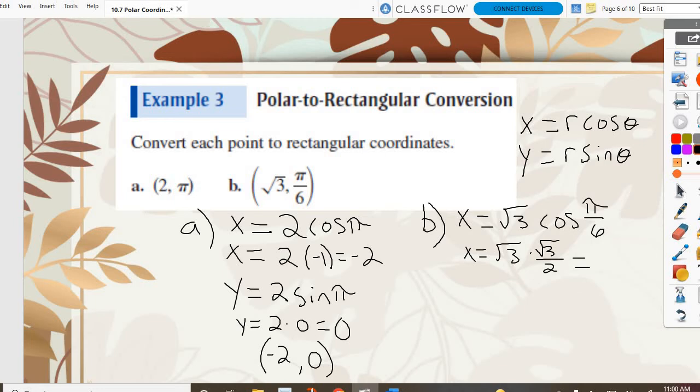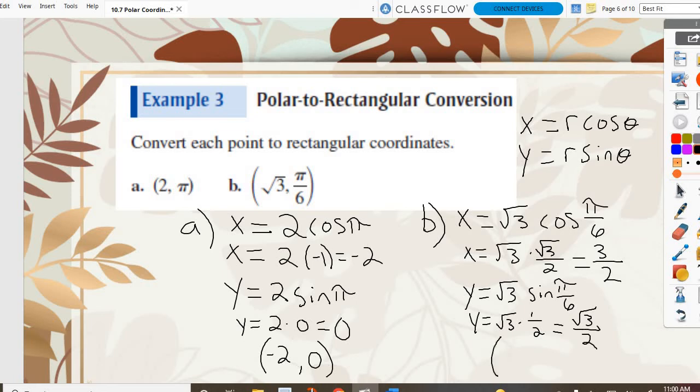Square root of 3 times square root of 3 is 3, so 3 halves. And then y equals, well, what is sine of pi over 6? 1/2. So we get square root of 3 over 2. So our point is 3/2, comma, square root of 3 over 2.